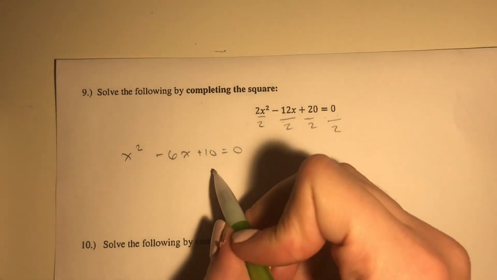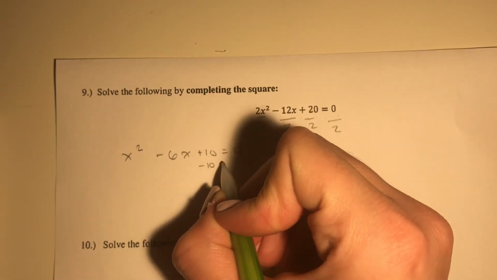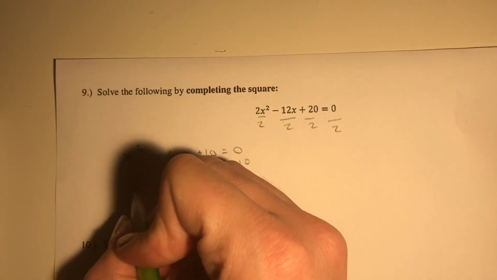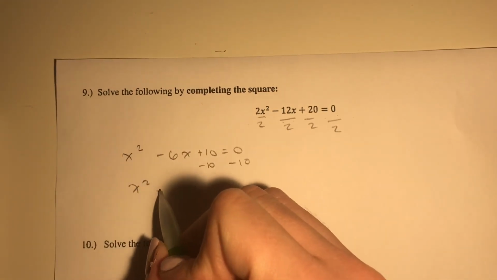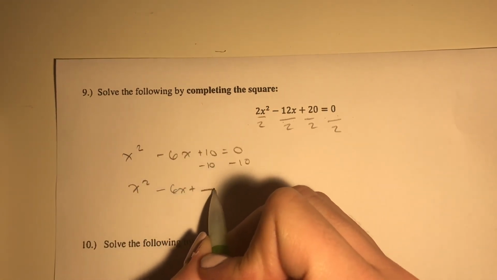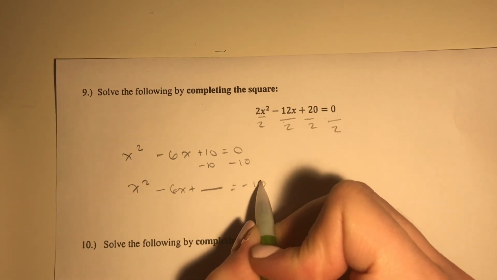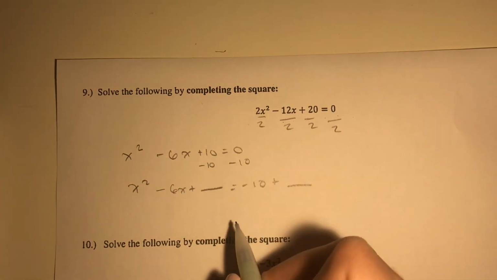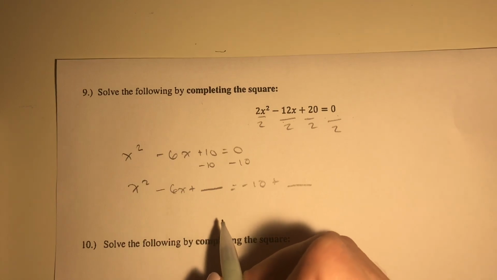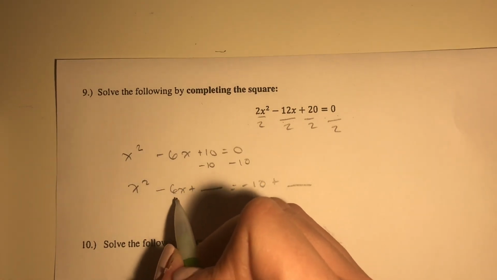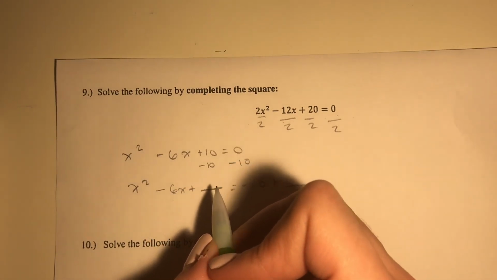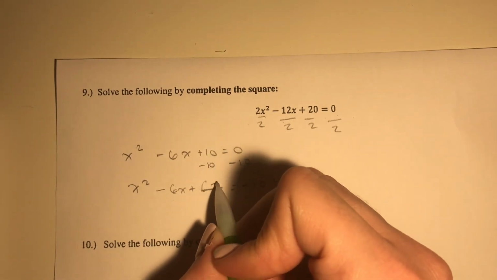Okay, so now we have x squared minus 6x plus 10 equals 0. We're going to take this 10 and subtract on both sides, minus 10, and we have x squared minus 6x plus a blank equals negative 10 plus blank. So what goes in the blanks? It's going to be our b divided by 2, squared. So negative 6 divided by 2 equals negative 3.